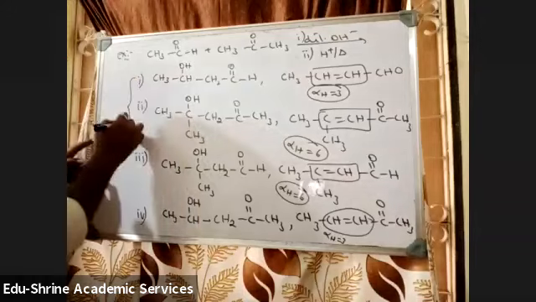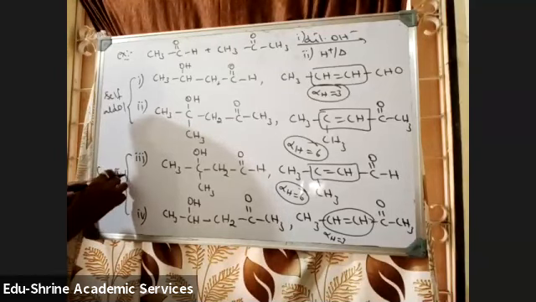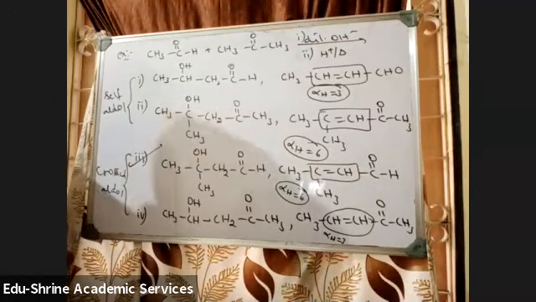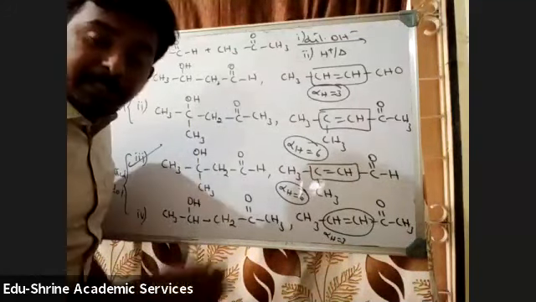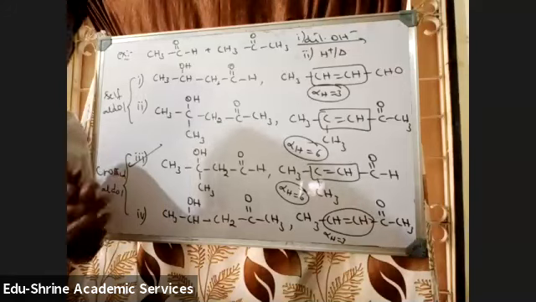The first 2 are self-aldol, right? The next 2 are crossed aldol. So as the reaction is between 2 different substances, crossed aldol product will always be the major product. Okay.